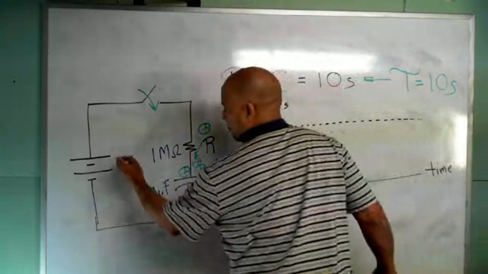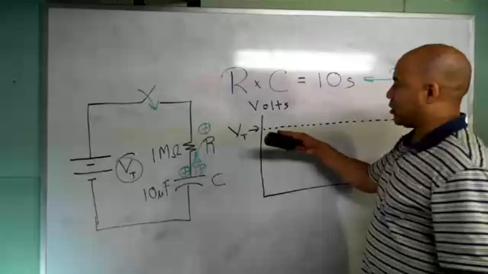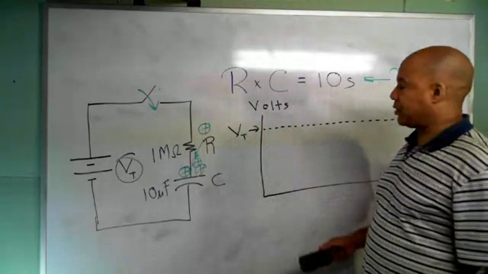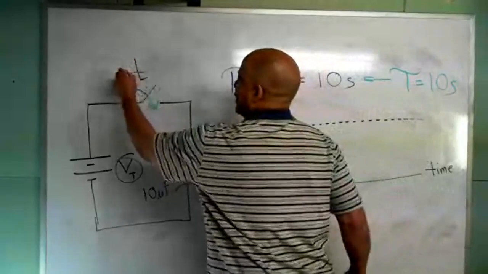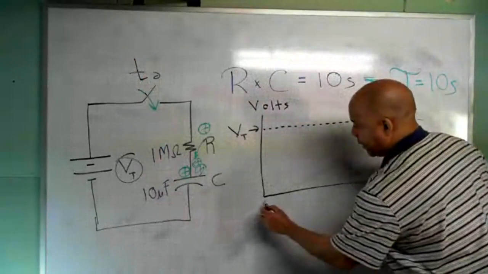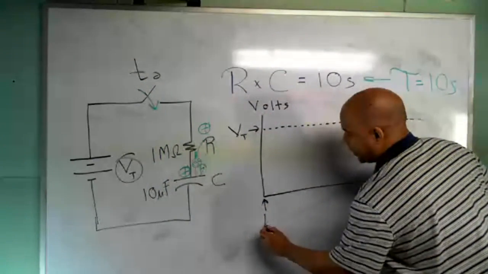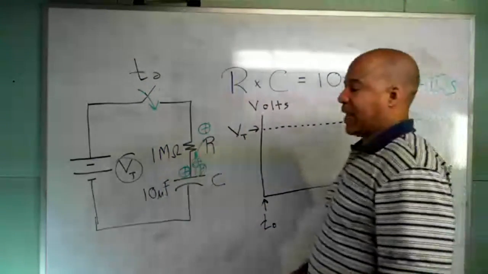This is VT. That's the highest that capacitor is going to charge. This is time. So when I close the switch at T0, this is T0 right here.